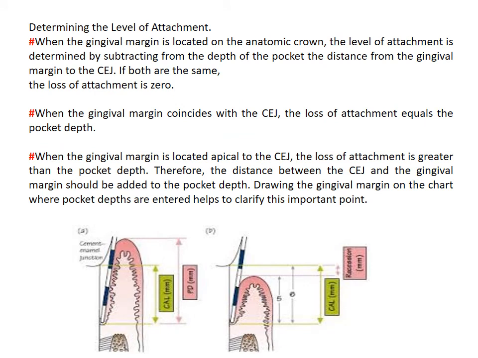This is a good picture: base of the pocket, probing pocket depth, loss of attachment. Here probing pocket depth, no gum recession. Probing pocket depth less than loss of attachment means gum recession.